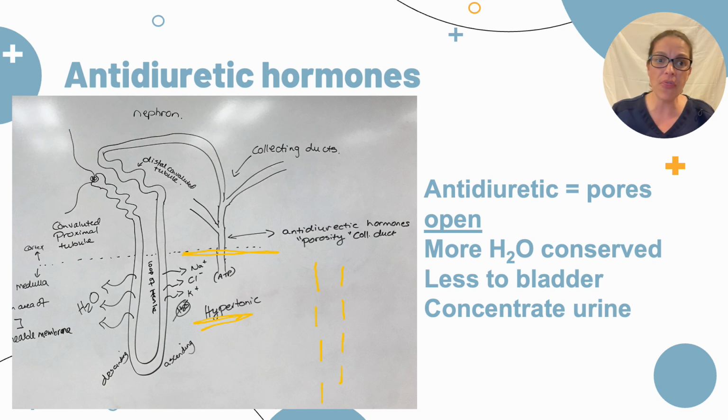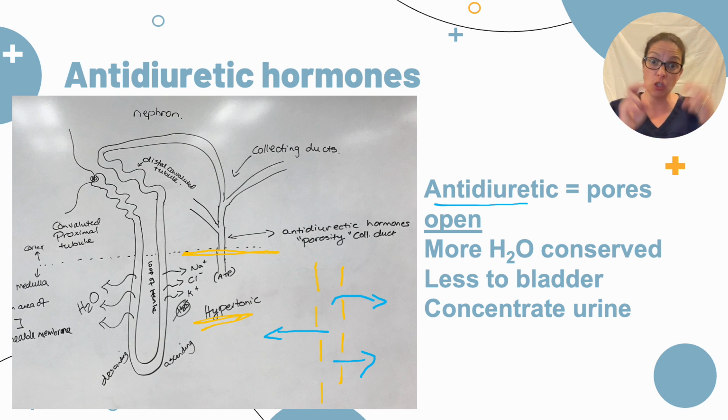And so if there is a hormone produced, which is called your antidiuretic hormone, this is going to open up the pores, which means that more water is going to passively flow out into this hypertonic region, meaning it's going to help to extract more water from this urine to be able to help to reduce the amount of salt in the medulla.